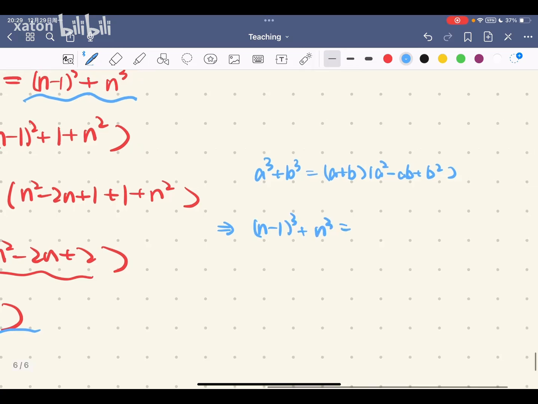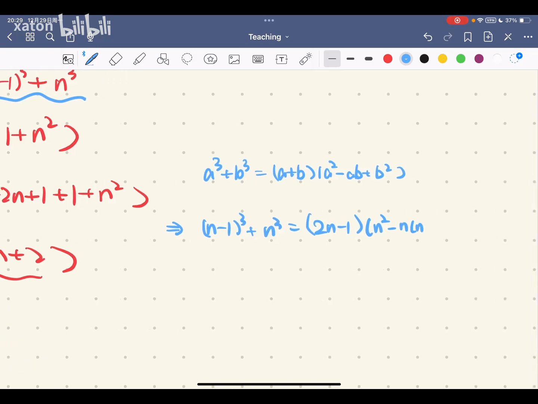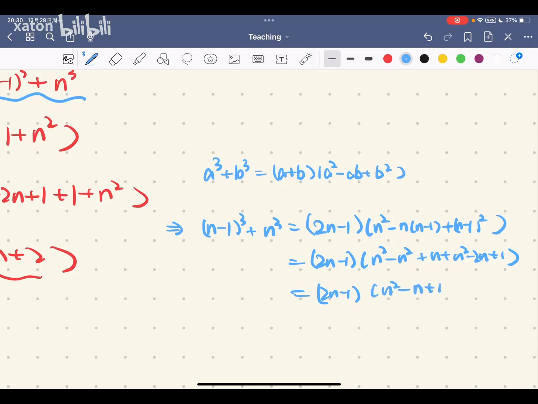So n minus 1 cube plus n cube equals, applying the formula, n plus n minus 1, which is 2n minus 1, times n squared minus n times n minus 1 plus, sorry, I reversed the positions, but not serious. Yep. n squared plus n.